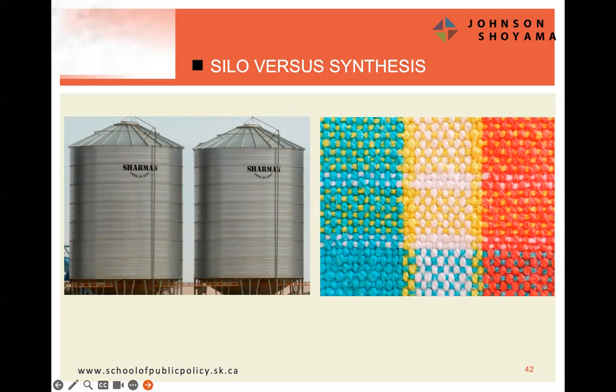The synthesis is actually what you see on the right side of the screen. That's when you weave together the different studies in order to create a tapestry, a lens that you're going to use to understand your study.